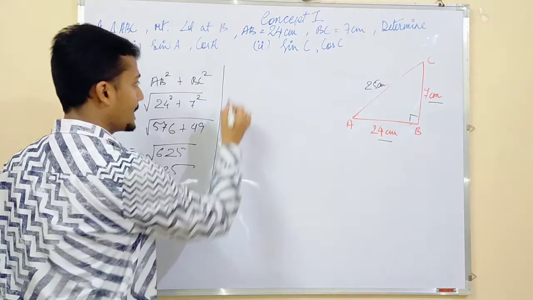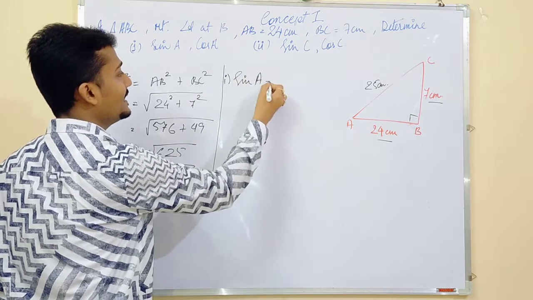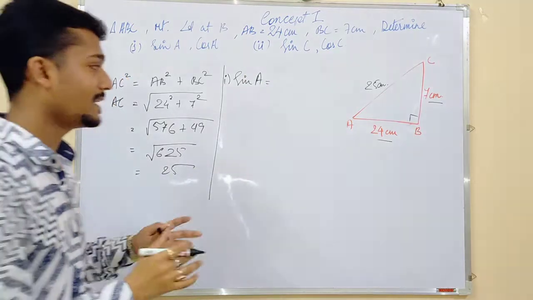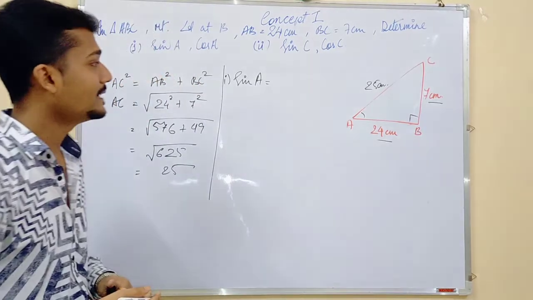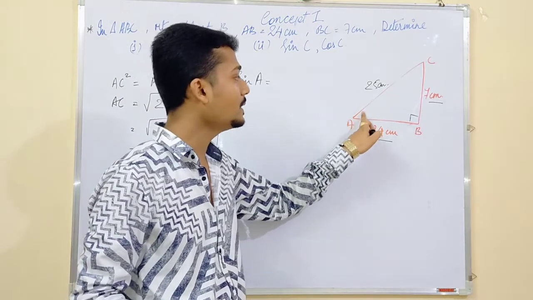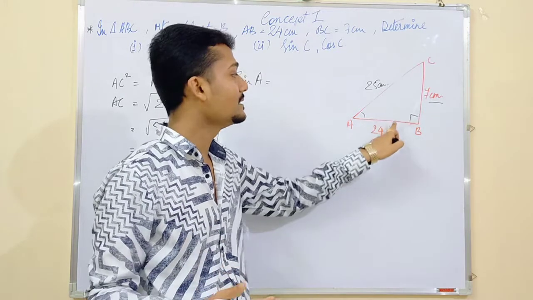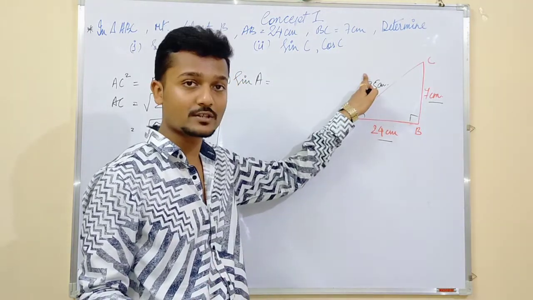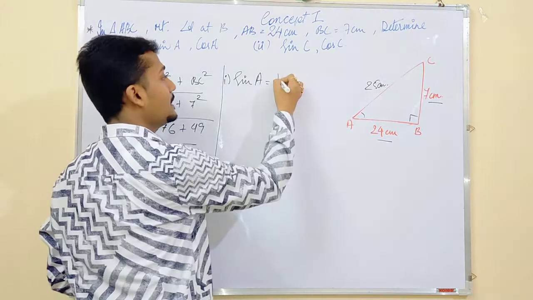Sin A. Now that's a very important part. When I am saying sin A, I am taking theta as A. If this is the angle we are taking, then the side opposite to the angle will be your P, this one will be B, and this one will be H. Don't forget.